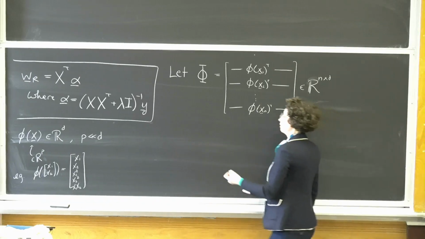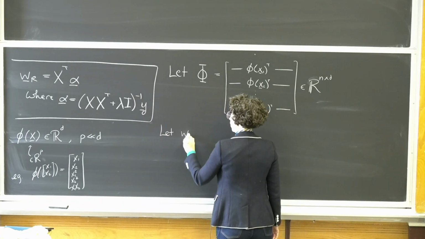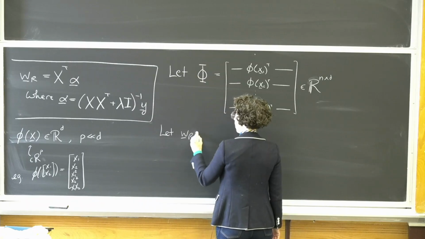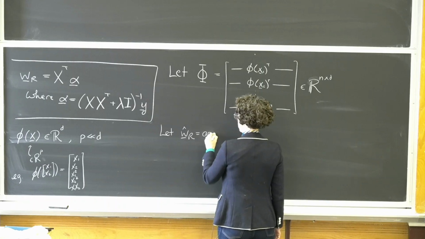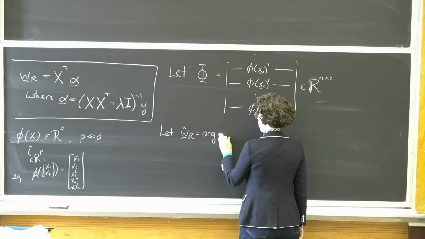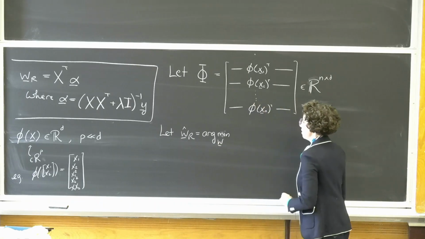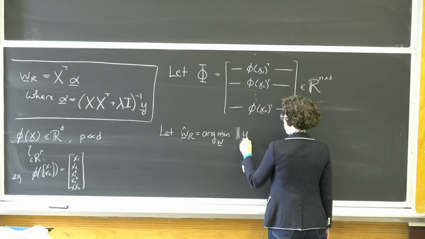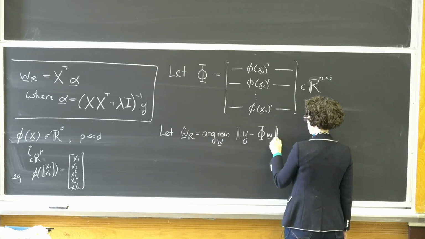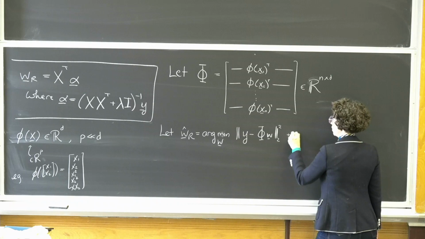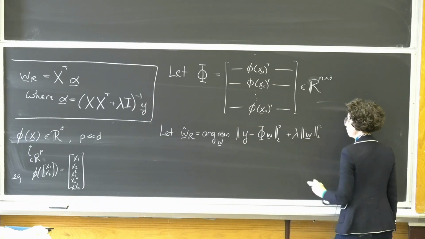So we can say, in this new high-dimensional feature space, we can think about doing ridge regression, where now our ridge regression weight vector corresponds to the argument or the weight vector that minimizes the 2 norm squared of y minus phi times a set of weights, plus lambda times the 2 norm of the weight vector squared.